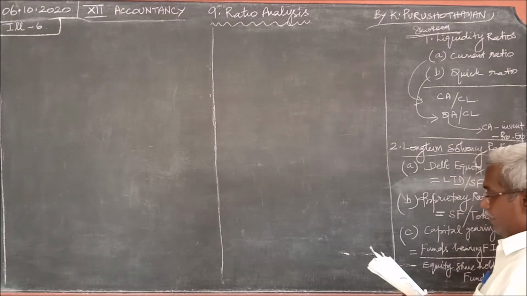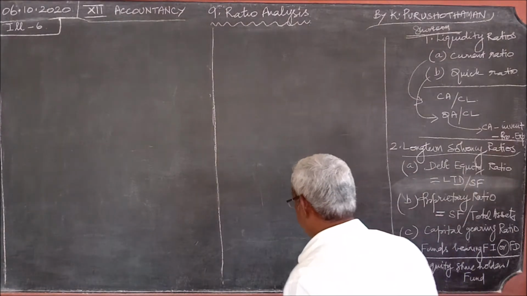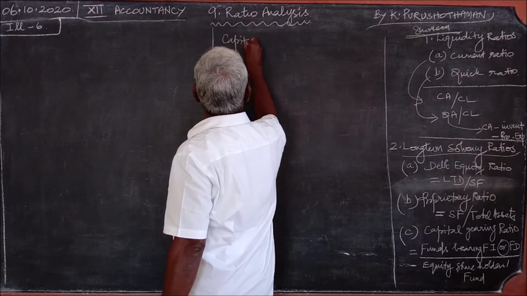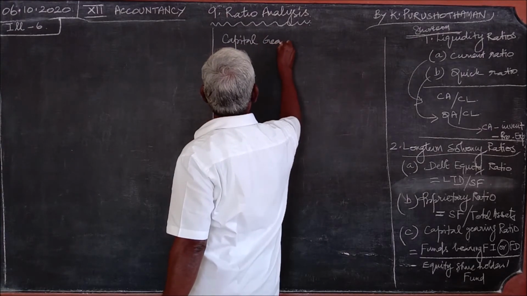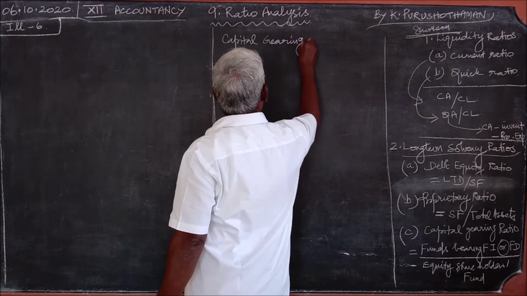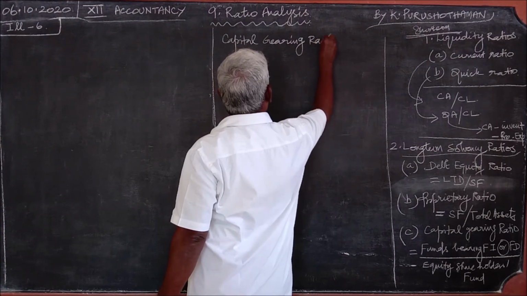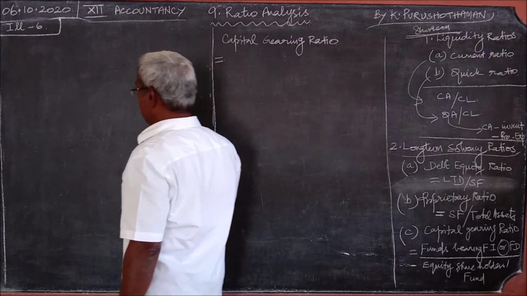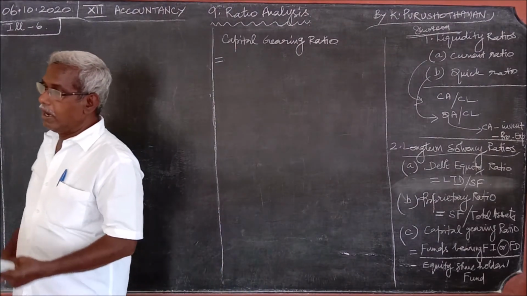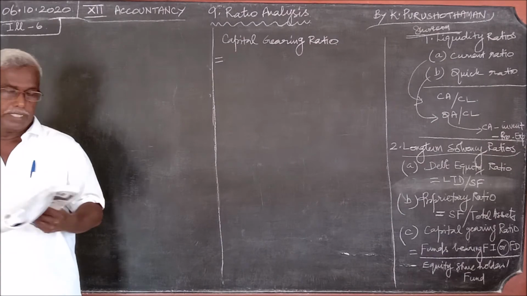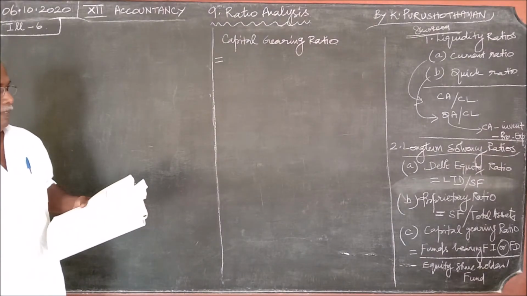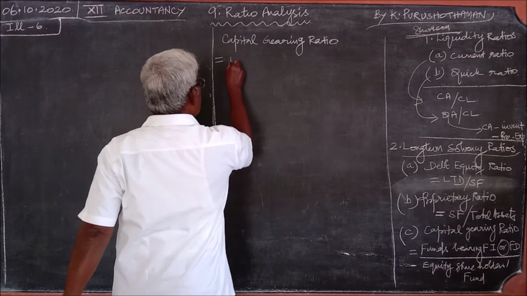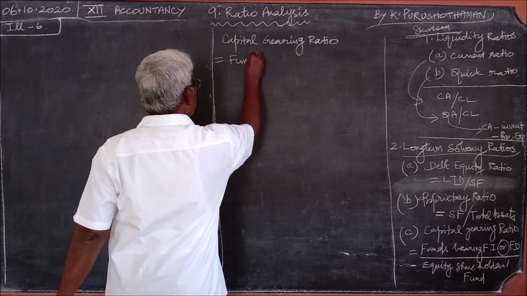So, what is the formula for capital gearing ratio? Capital gearing ratio is equal to funds bearing fixed interest or fixed dividend. This is the numerator, a long numerator.